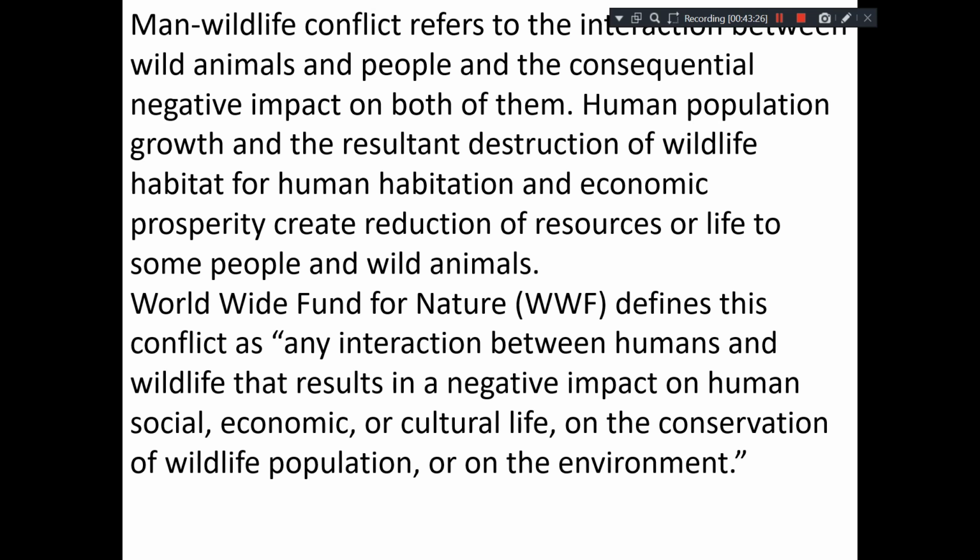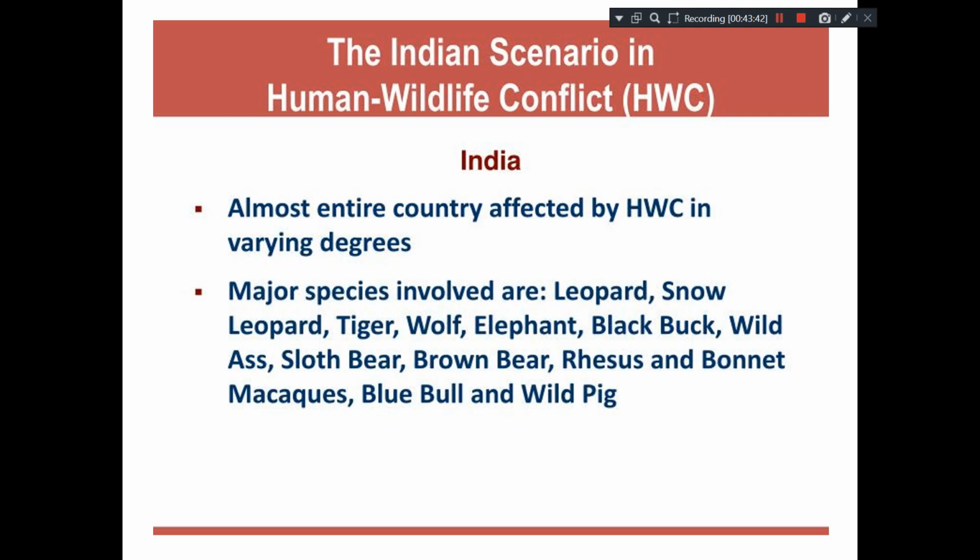Any interaction between humans and wildlife that results in a negative impact on human social, economic, and cultural life, and on the conservation of wildlife population or the environment, we call it man-animal conflict.